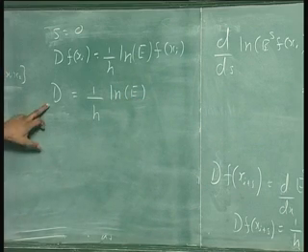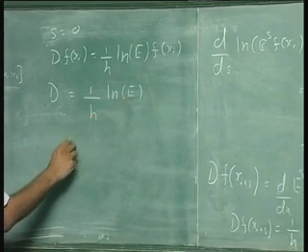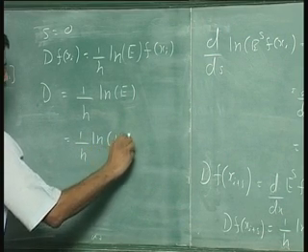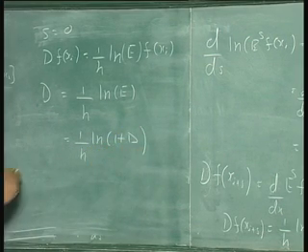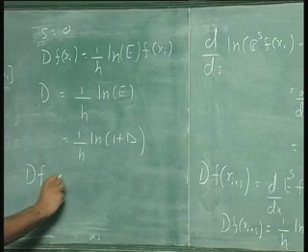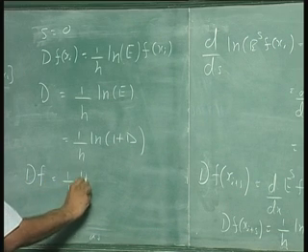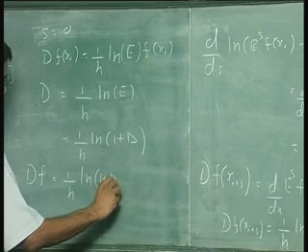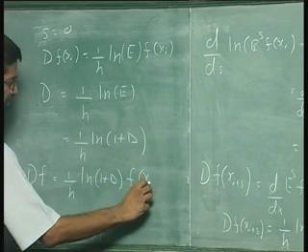That is the D operator. And we know e is 1 plus delta, so I can write it as 1 over h times log of 1 plus delta. So D acting on any function is 1 over h times log of 1 plus delta acting on that function at any value x_i.